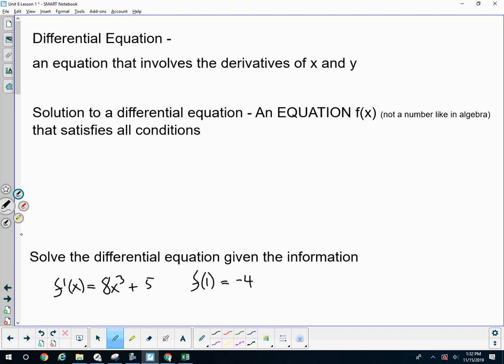This situation is called a differential equation. A differential equation is just like f prime equals dy dx equals. That's a differential equation. We are going to be asked to solve differential equations. When you're asked to solve a differential equation, it just means go backwards to find f.